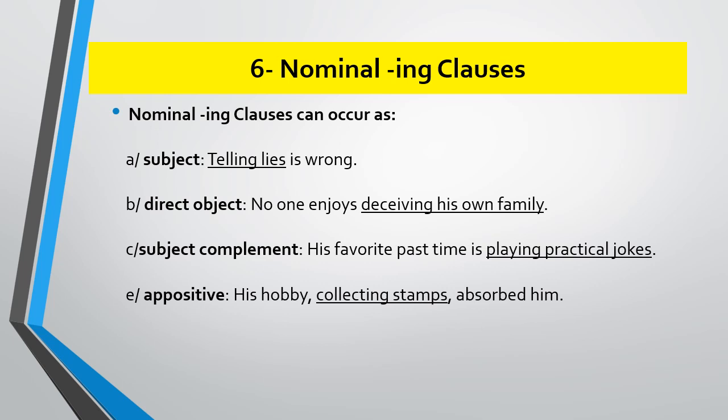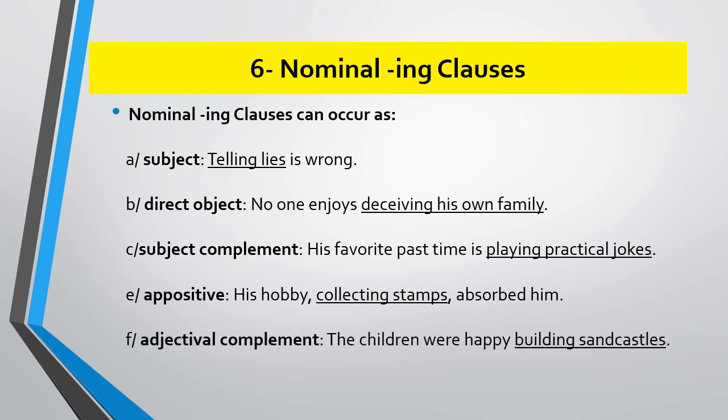Appositive, يعني البدل، دائما البدل يكون بين two commas. His hobby, collecting stamps, absorbed him. So collecting stamps, nominal ing clause. Adjectival complement: the children were happy building sand castles.